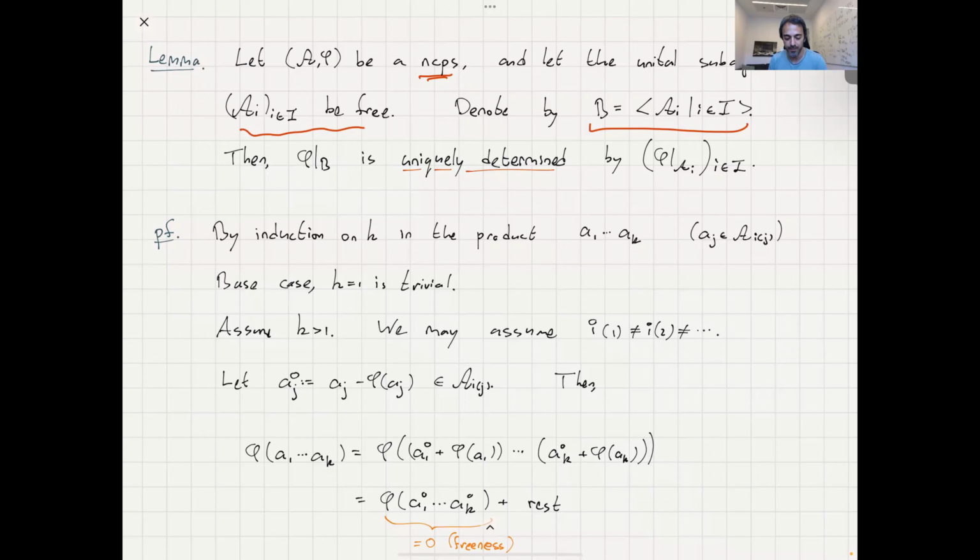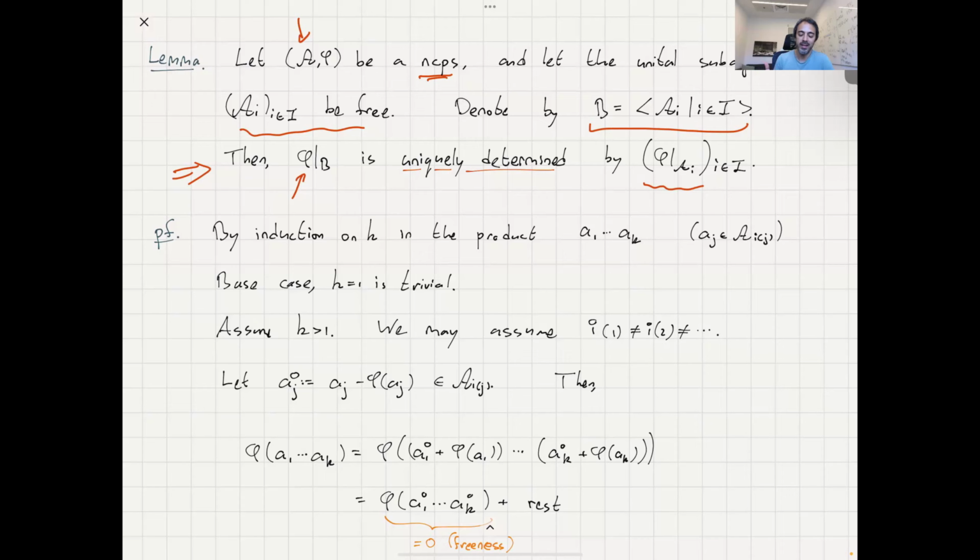Then really saying that there is a rule of computing joint moments from marginal moments in terms of phi translates to this sentence, namely phi, which is actually a global thing, it comes from A, right? It's larger than the A_i's and B, but phi, when you restrict it to B, is uniquely determined by phi restricted to the different A_i's.